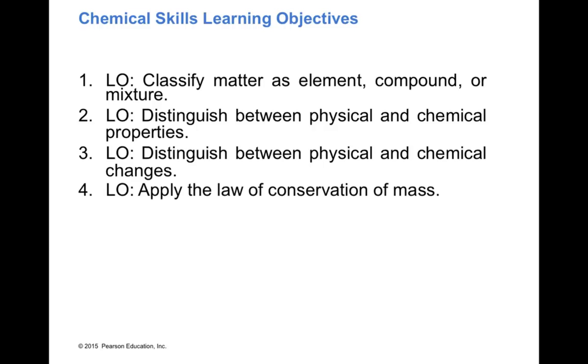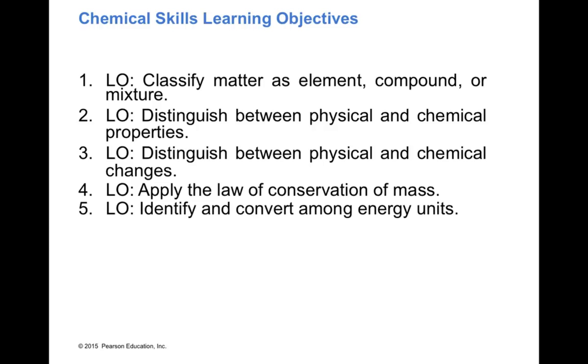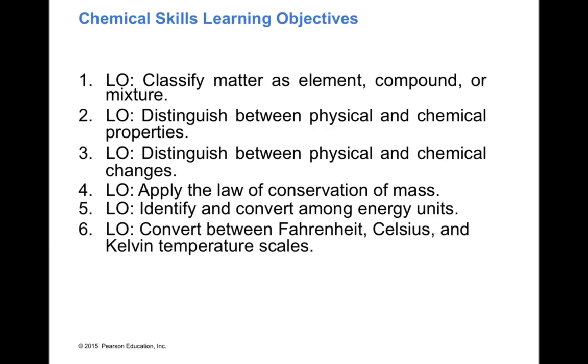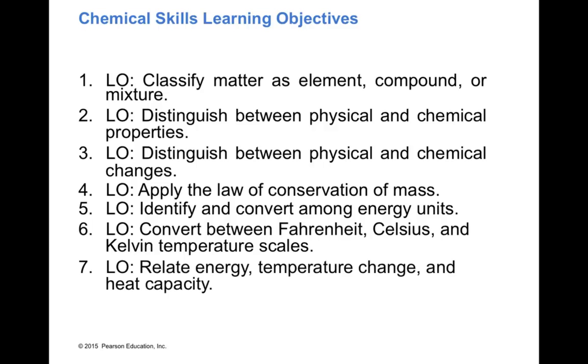You will learn how to apply the law of conservation of mass. Also, how to identify and convert among energy units, convert between Fahrenheit, Celsius, and Kelvin temperature scales, and relate energy, temperature change, and heat capacity.